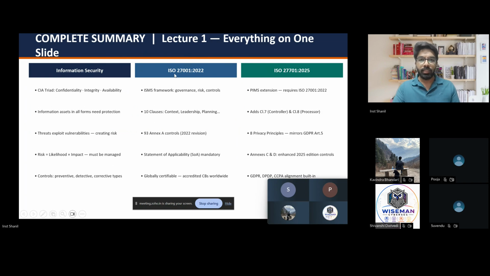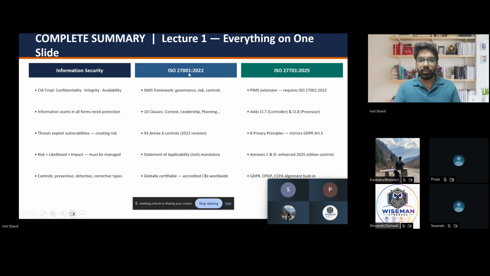Next, ISO 27001 has 10 clauses, which are bifurcated into context, leadership, planning, people, processes, etc. ISO 27701 provides additional clause 7 and clause 8 for data controller and data processor. Third, ISO 27001 has 93 Annex A controls, and ISO 27701 has 8 privacy principles, which we'll study.